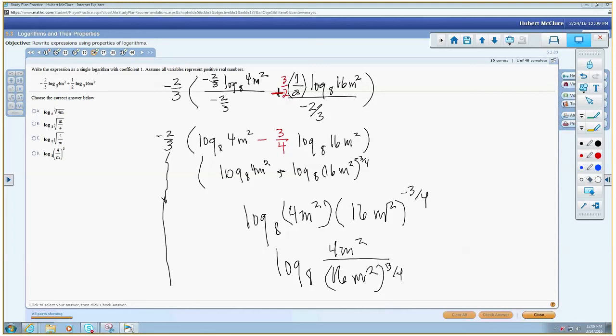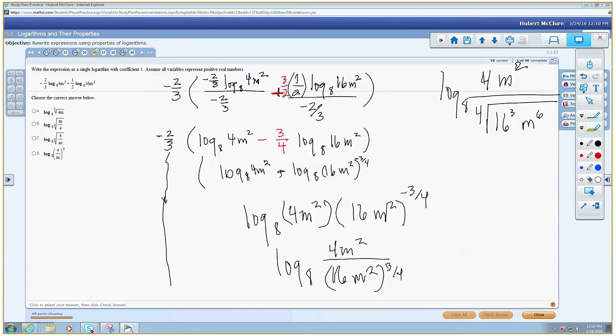So let's go ahead and distribute this 3/4, or take the fourth root, exponent over index. So you could do that. Log base 8 of 4m squared over the fourth root of 16 to the third m to the what? 6.